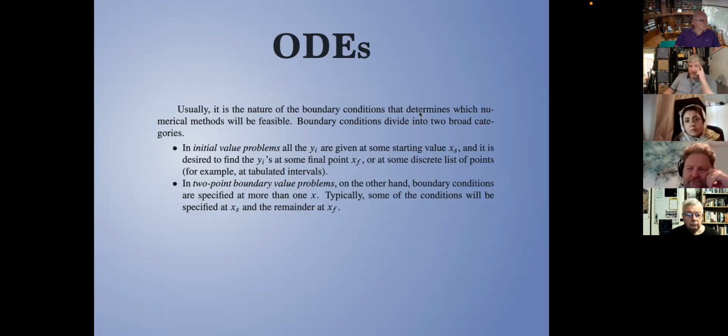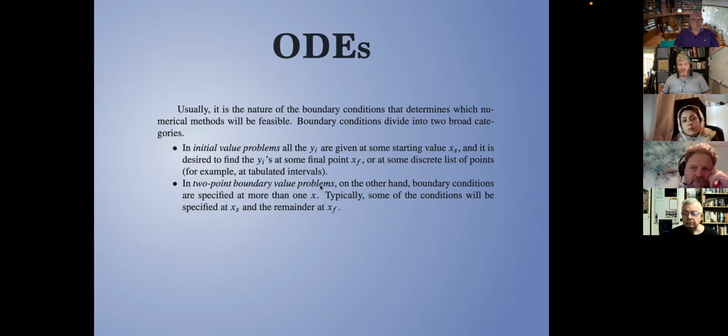Usually the nature of the boundary conditions determines which numerical methods will be feasible. So suppose the problem is how a projectile moves under gravity. An initial value problem is, I shot the cannon at 100 meters a second at an angle of 45 degrees. Where does it land?